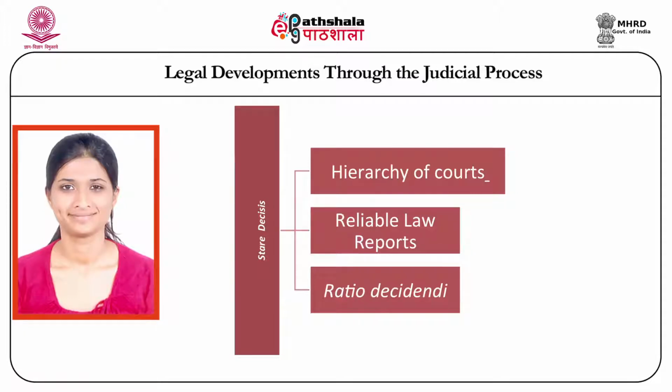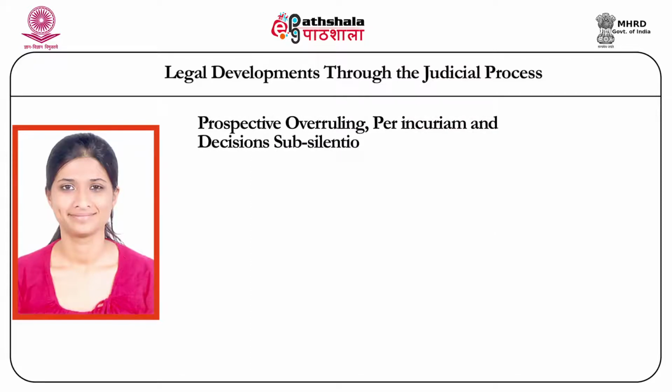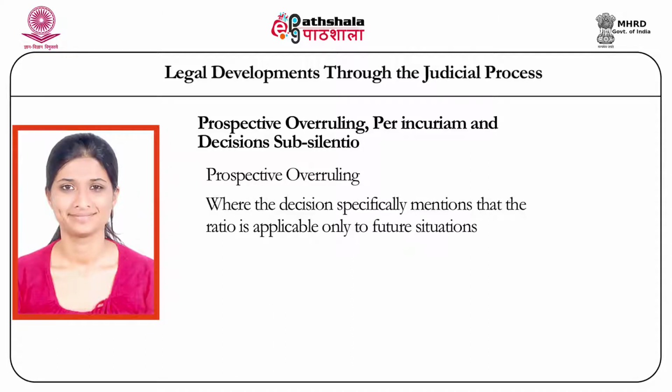Having understood the doctrine of stare decisis coupled with binding precedent, we will now look at the doctrine of prospective overruling. Prospective overruling refers to cases where a decision specifically mentions that the ratio is applicable only to future situations.